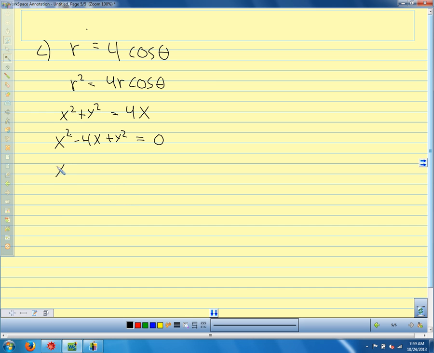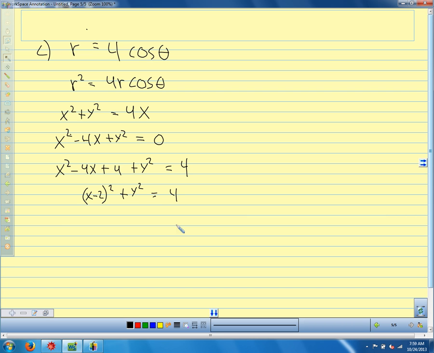So I'm going to write this as x squared minus 4x plus 4 to complete the square, plus y squared, and I'm going to put a 4 on this side. So x minus 2 squared plus y squared equals 4. That wasn't too painful.